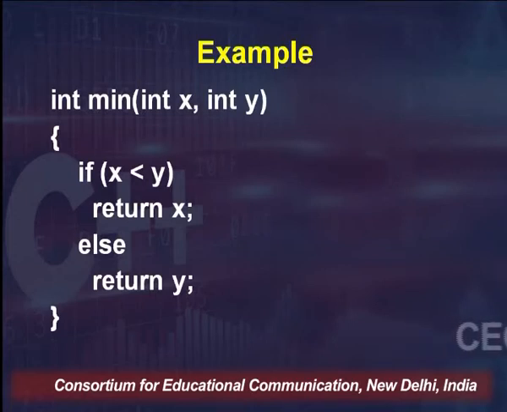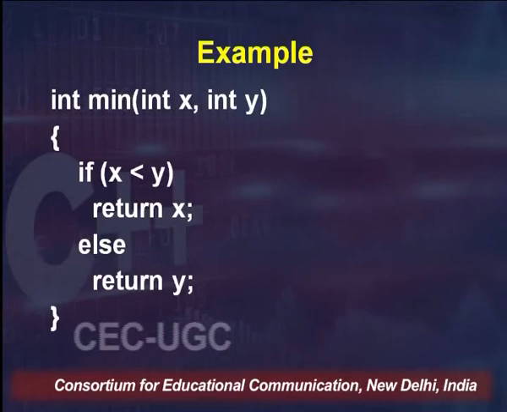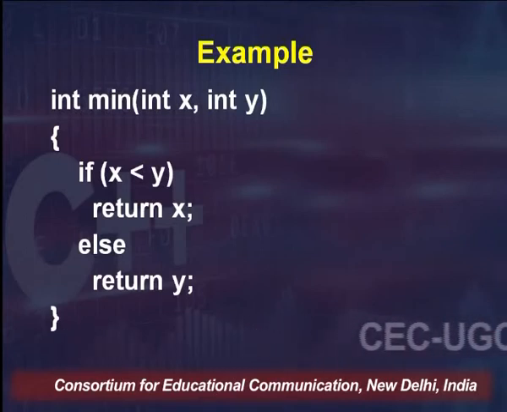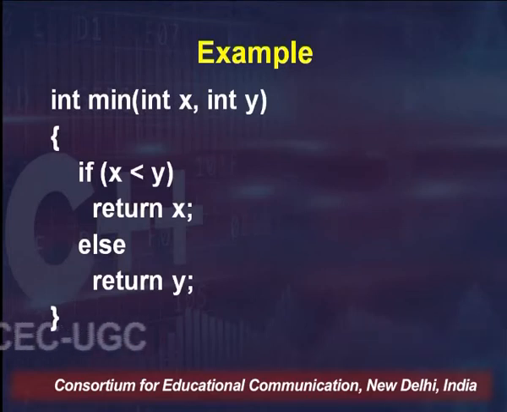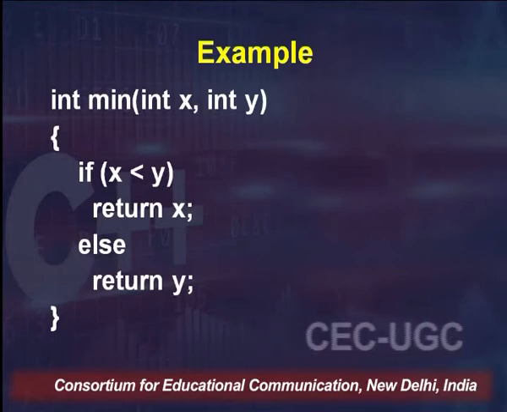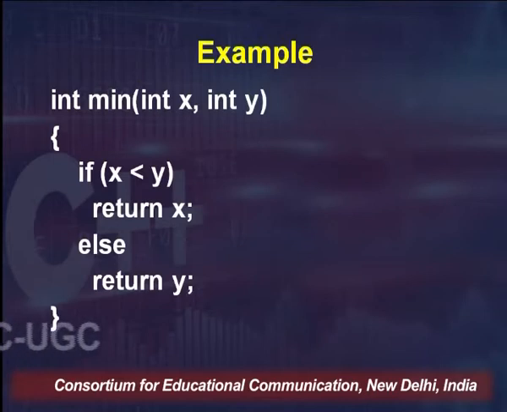Normally when we declare two integers inside main, we say int x comma y, but here that strategy is not going to work. We need to say int x comma int y separately, and within the curly brackets there is code which says if x is less than y, then this function will return x, else it will return y.